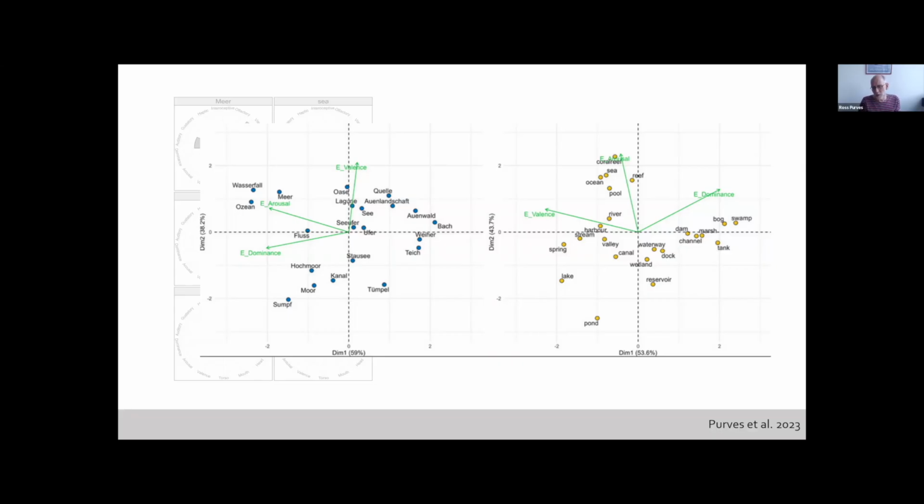We found somewhat more differences in terms of emotions. So in particular here, there's a sort of pocket of quiet, happy places that we find in English that we didn't really find in the same way in German.